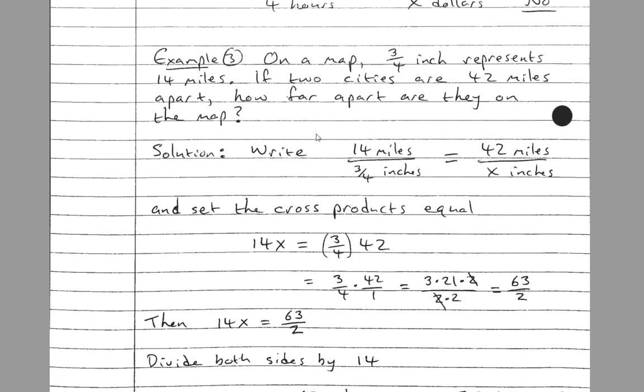All right, so we're just converting these two sentences into two rates. For the first sentence, we're comparing 14 miles in the real world with 3/4 of an inch on the map.